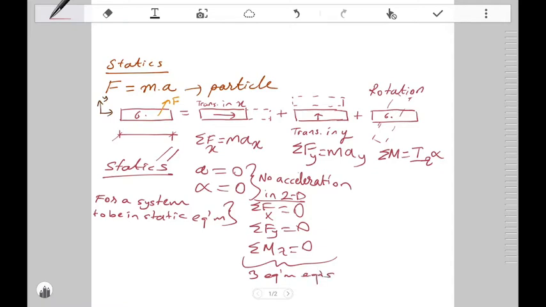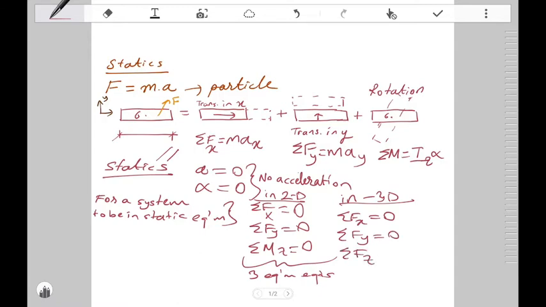So if I have a three-dimensional structure, what if I want to analyze the structure in 3 dimensions? Then I will have 3 translational components. Sum of forces in x direction is 0. Sum of forces in y direction is 0.